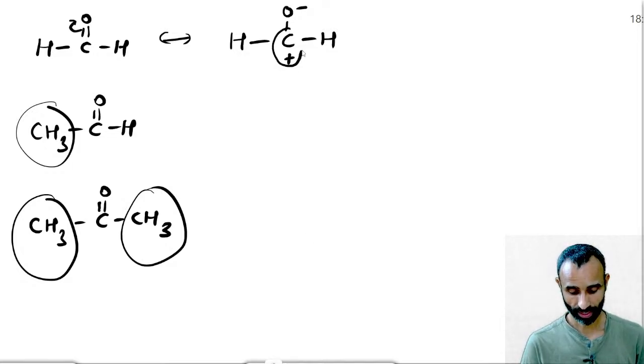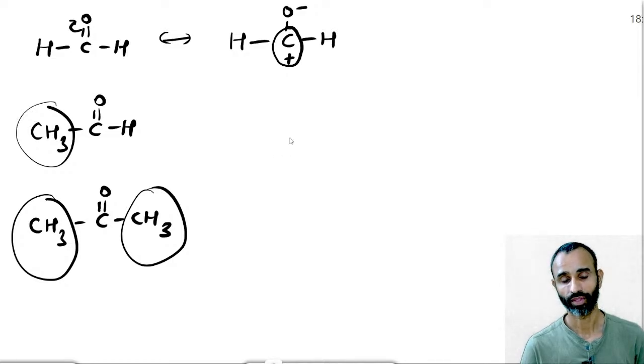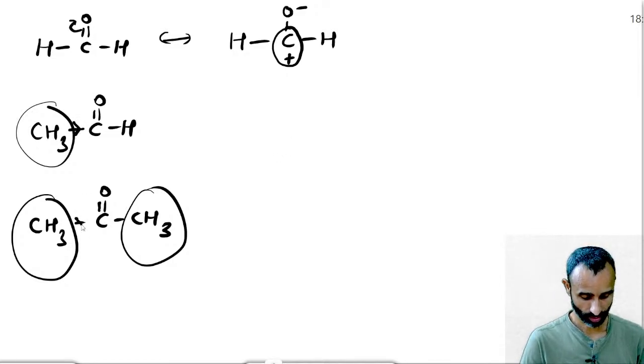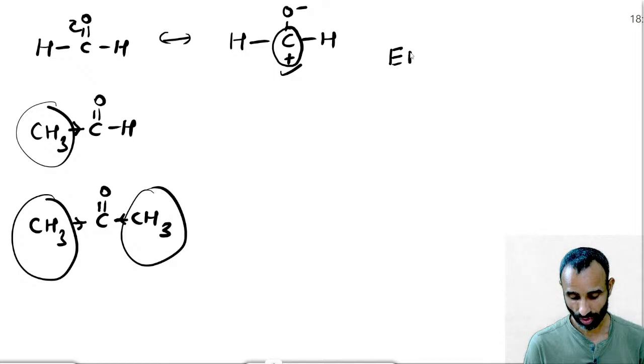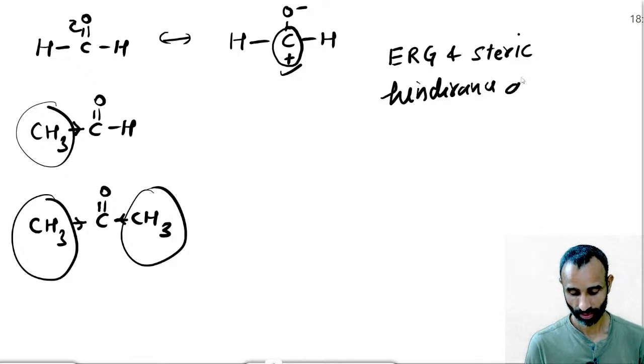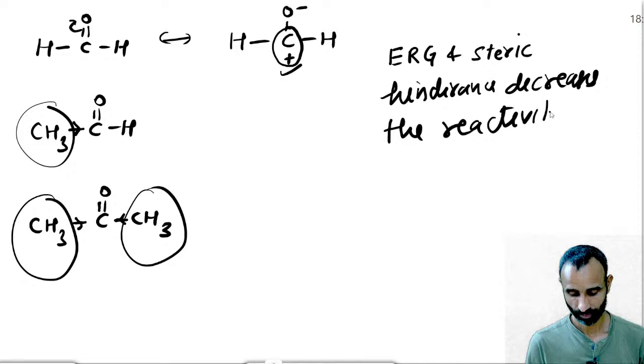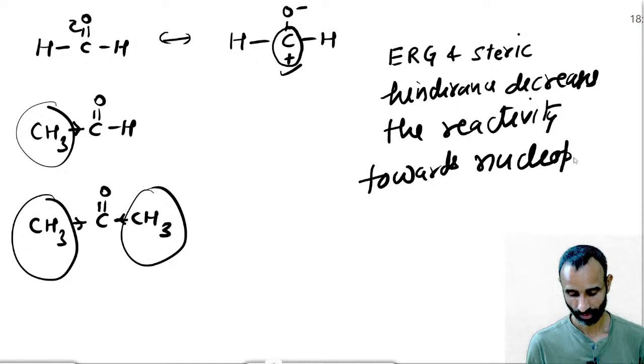So attack takes place on the positively charged carbon. If there are electron releasing groups on the carbonyl carbon, they will decrease the positive charge. That means electron releasing groups and steric hindrance decrease the reactivity towards nucleophilic addition reaction.